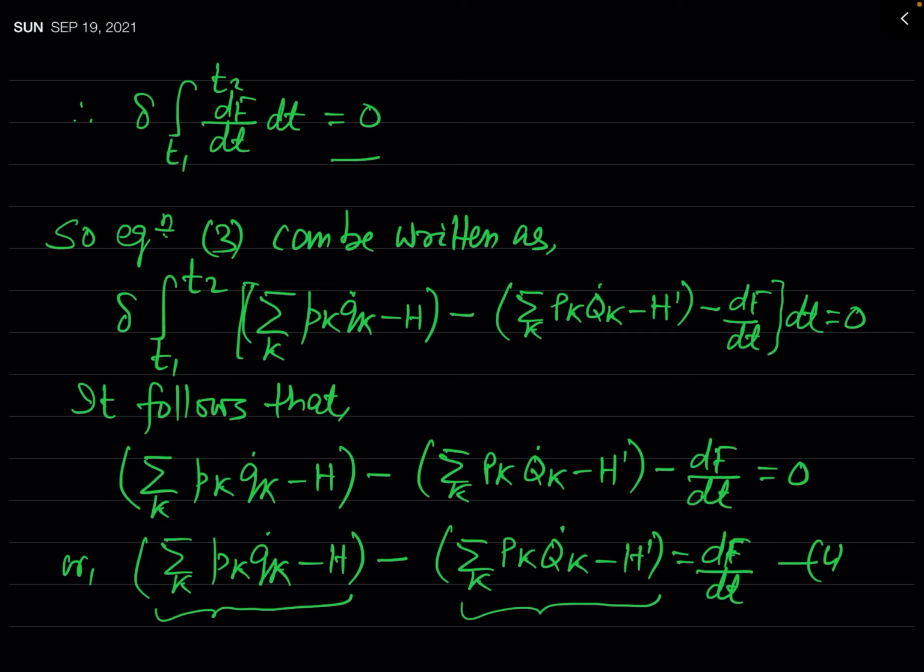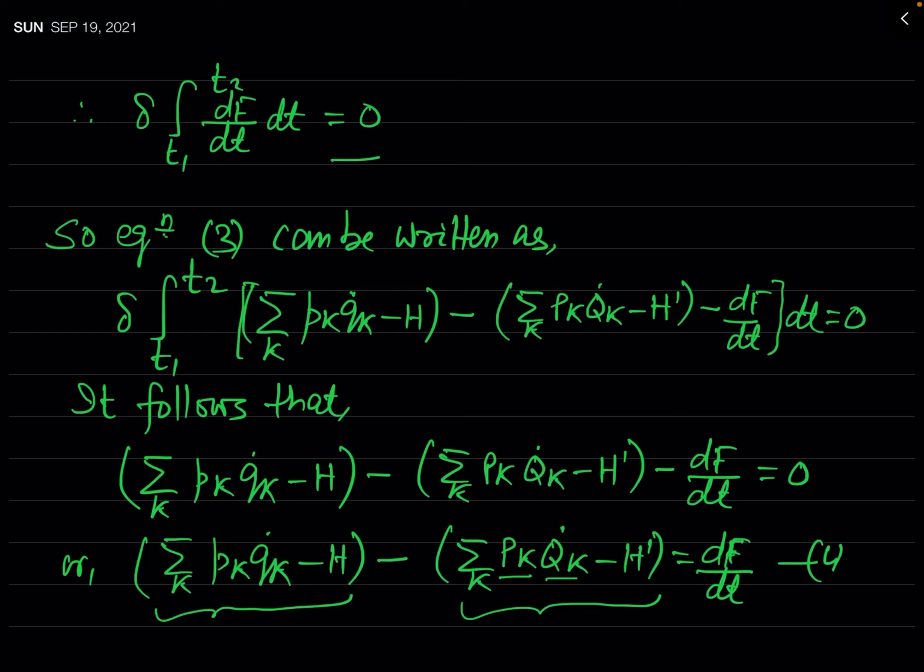Because you know k runs from 1 to n. So a small pk will have n values. Similarly, a small qk will have also n values. So there will be 2n values of a small pk and a small qk. And similarly, the capital Pk has also n values, that is P1, P2, P3 to Pn, and capital Qk will have also n values.